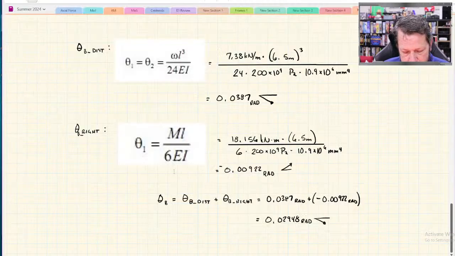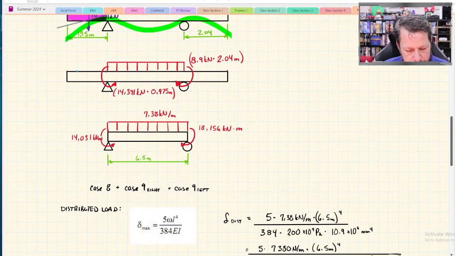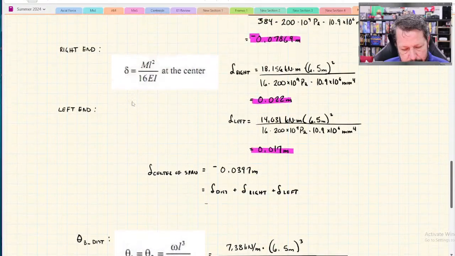I was trying to not include this, but I guess when we convert it over to this, it does create a slope at that point because it's not a real fixed support. For this other problem with the deflection, we did treat it that way. So I think we need to add in this guy, ML over 6EI.